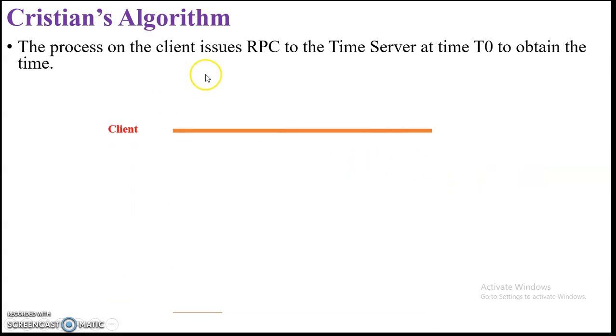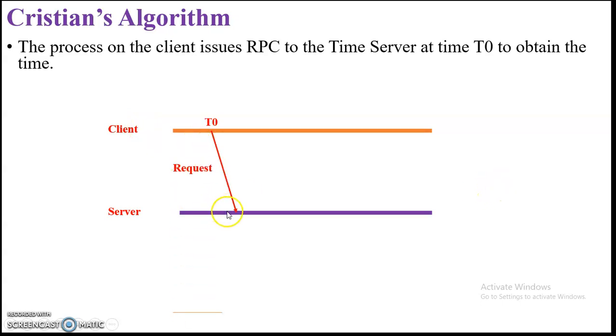The process on the client issues an RPC to the time server at time T0 to obtain the time. So see, this is the client process. It sends a request to the server at time T0. Then the server sends the response back to the client at time T1.